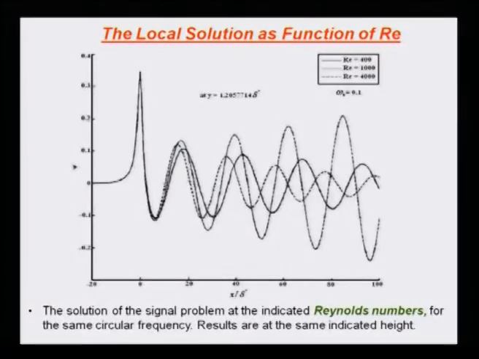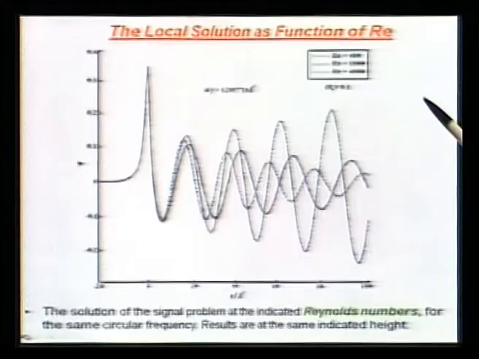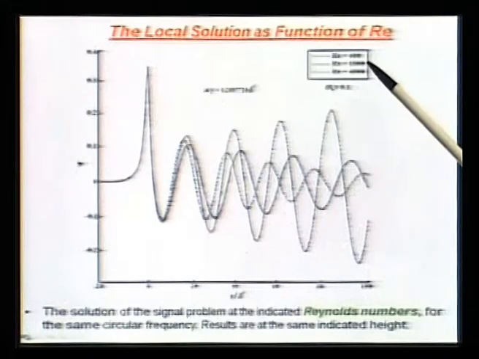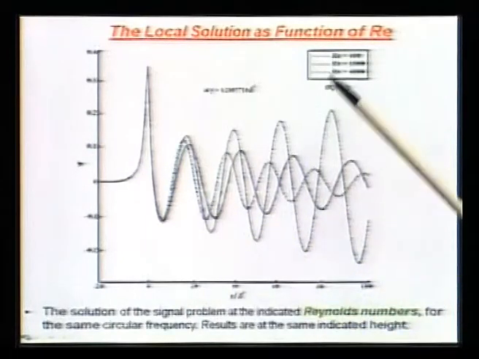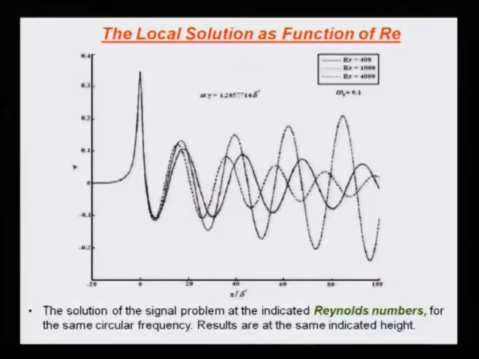Now let's talk a little bit about the property of this near field. And here what you are seeing is the response field plotted for the psi as a function of x over delta star for 3 Reynolds numbers: 400, 1000 and 4000.